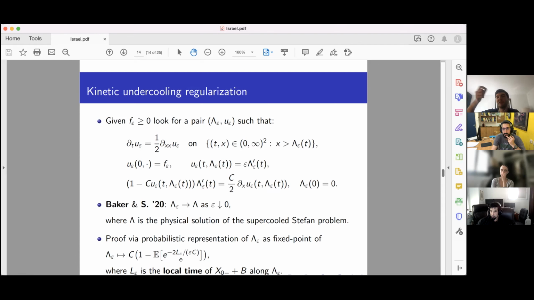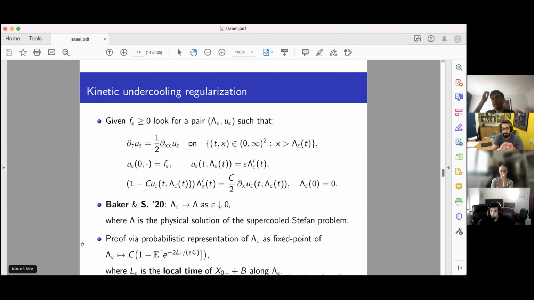So this boundary condition, instead of saying that we should absorb our Brownian motion when we hit, actually says that we should reflect on the frontier when we hit, and keep track of the local time that we accumulate there. At the end of the day, the PDE problem above says that a certain functional of this local time has to be exactly equal to the lambda that you start from.